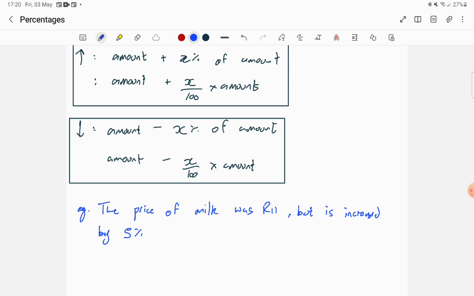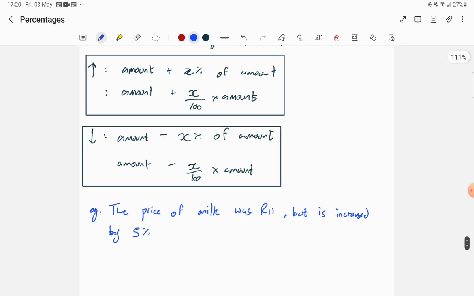So if you were to do this the long way, another thing we could add to this formula is, we can say this would be 1 plus X over 100 times the amount, and this one would be 1 minus X over 100 times the amount.